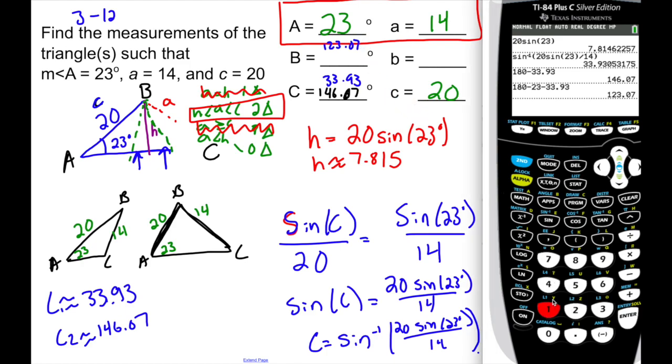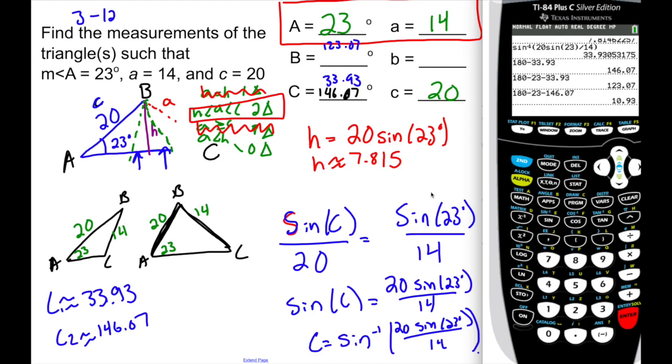On the other hand, if C is 146.07, then B is 10.93.